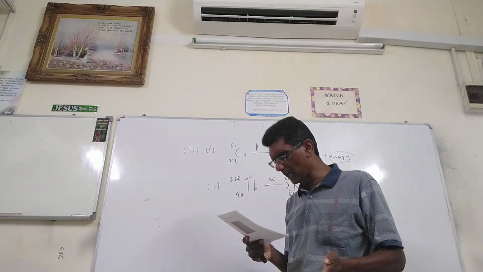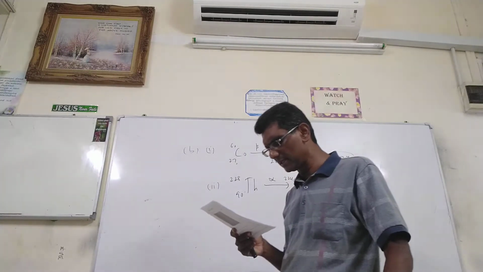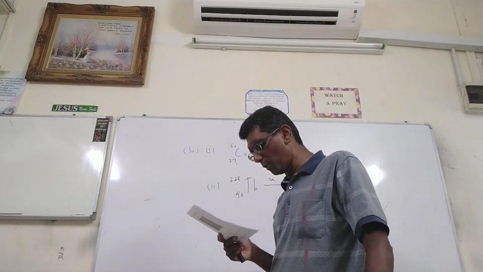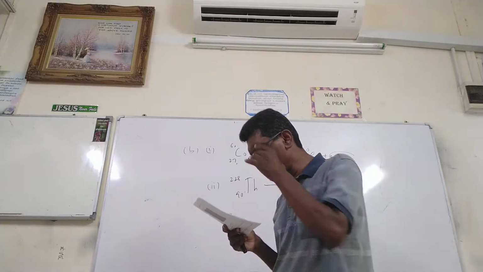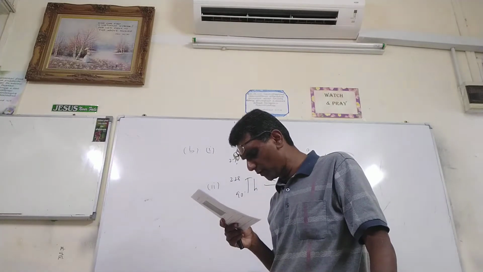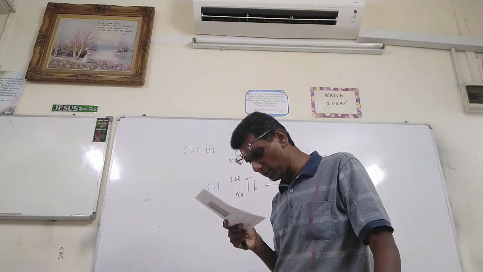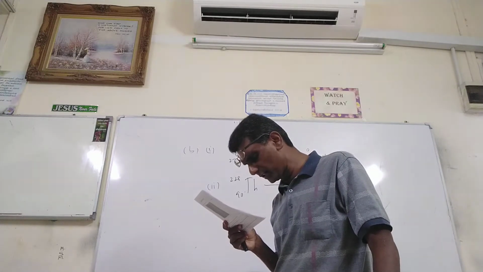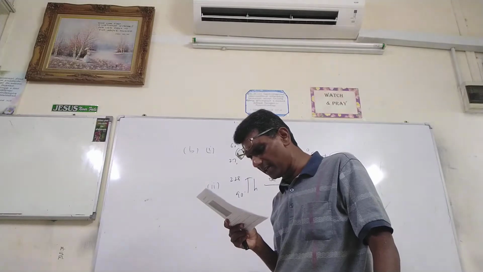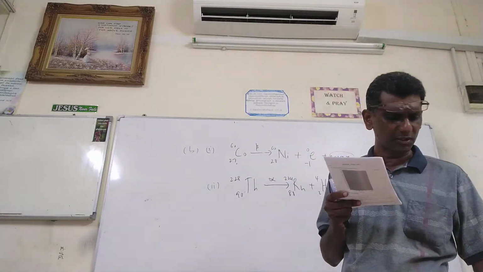So phosphorus becomes sulfur. A sample initially contains a total of 4.0 times 10 power 22 atoms of radioisotope phosphorus 32. Find the number of phosphorus 32 atoms and the number of sulfur 32 atoms present in the sample after 60 days.